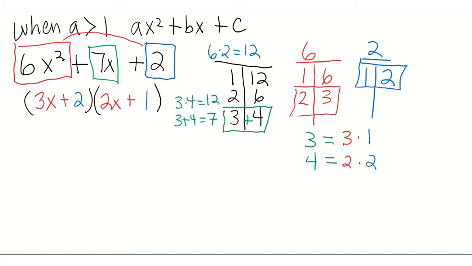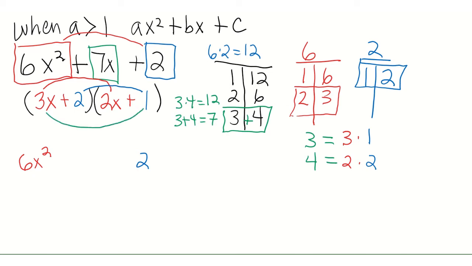So now I'm going to double check. When I do my first numbers together, that's going to give me 6x squared. When I do the last numbers together, that's going to give me my c, my 2. Now I'm going to check for my middle numbers.